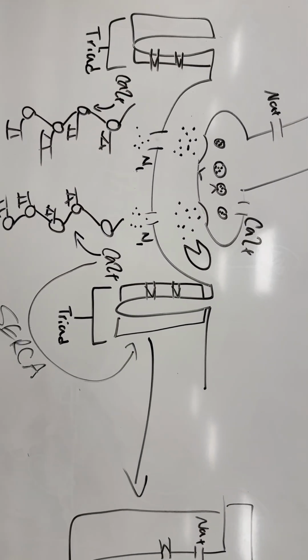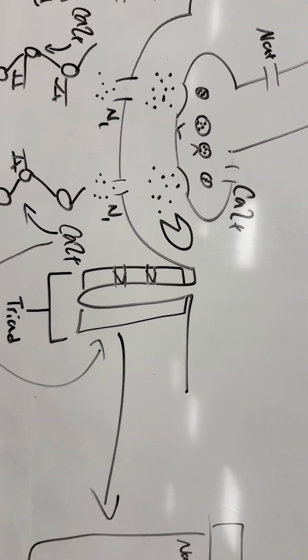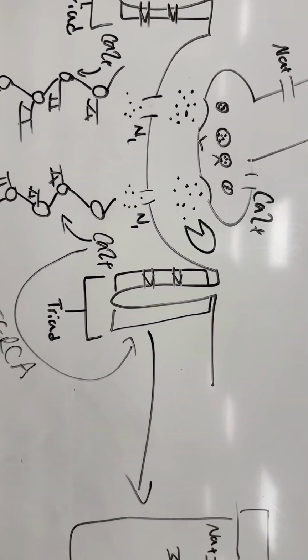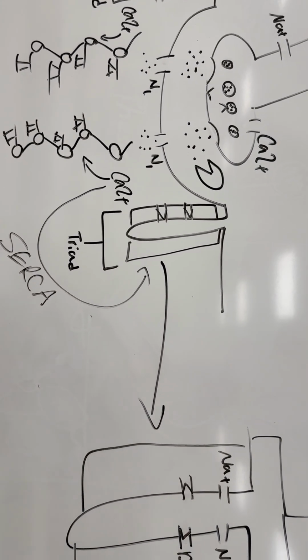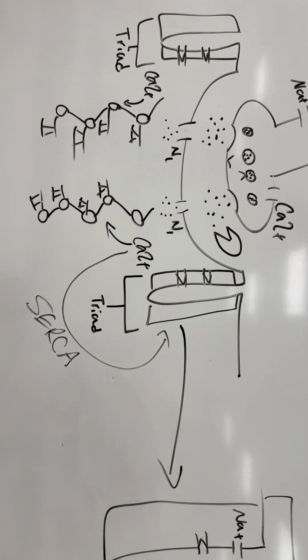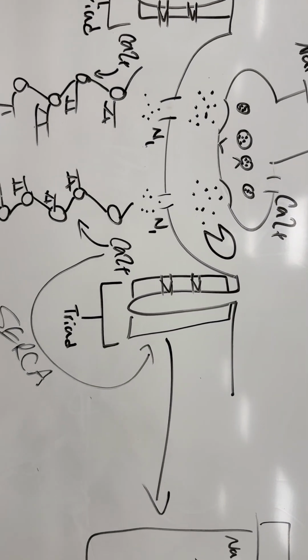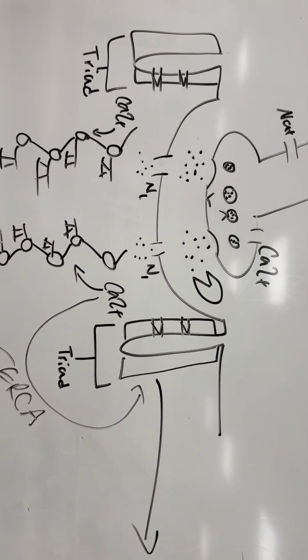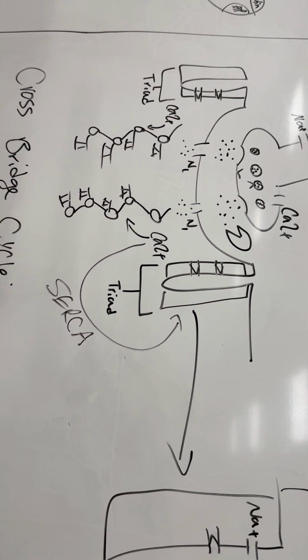Together, this is the DHP-R complex. So that change in voltage stimulates the DHP channel, which opens up the RYR channel of the sarcoplasmic reticulum, which is going to cause calcium to diffuse down onto our sarcomere.